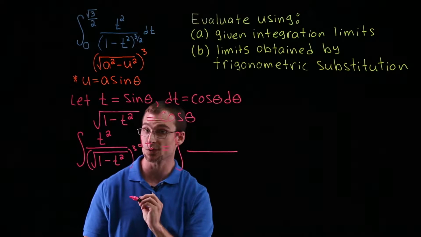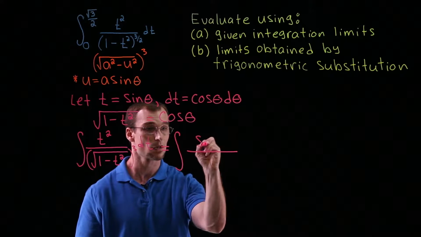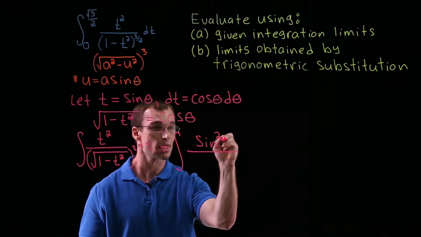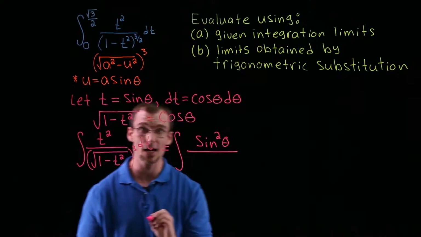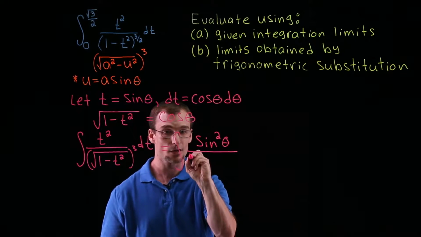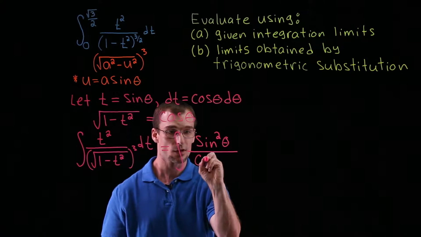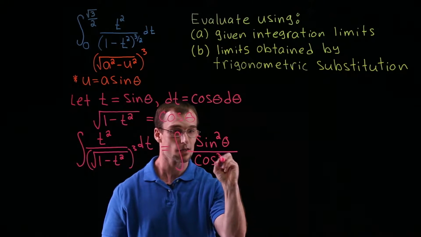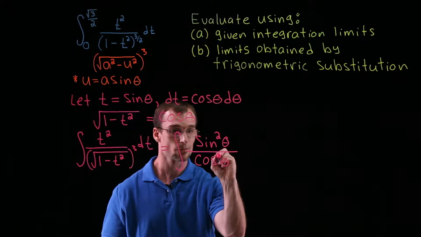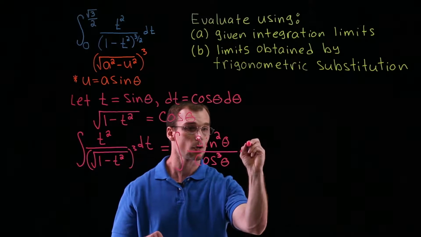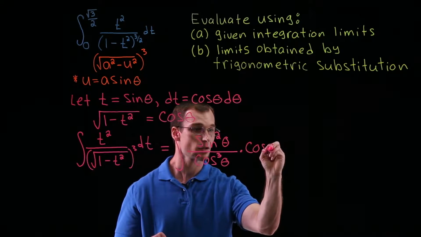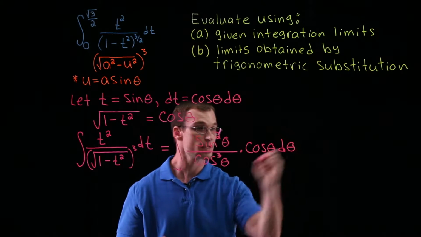So t is equal to sine, so t squared is going to be sine squared theta. Our square root term on the bottom is equal to cosine, so on the bottom we'll have cosine theta cubed. And then our dt is equal to cosine theta d theta.